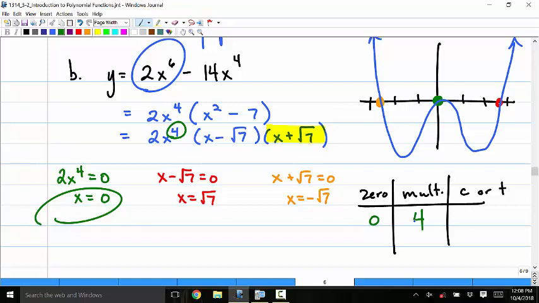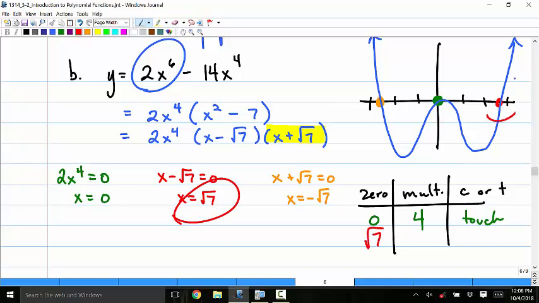So would it cross or touch? It's going to touch. Is that true right here? Yes. Okay, the next one, the red one, root 7. That was here. That was this one. What's the multiplicity that's up here? 1.